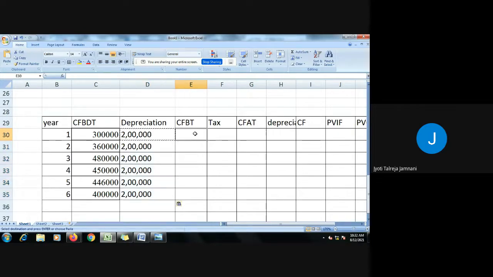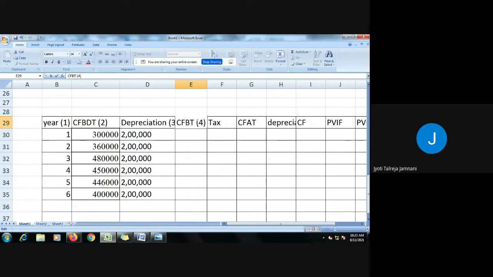Now we want cash flow before tax. So to find cash flow before tax, if I number these columns, this will be column number 1. Sorry, the year 1 will be column number 1. This will be 2, column 3, and this is column 4. So how do you derive at column 4?